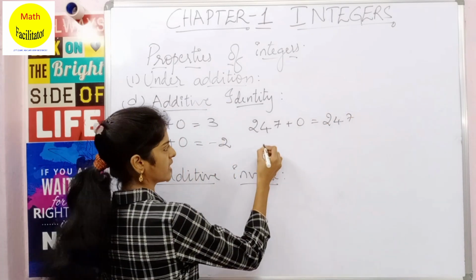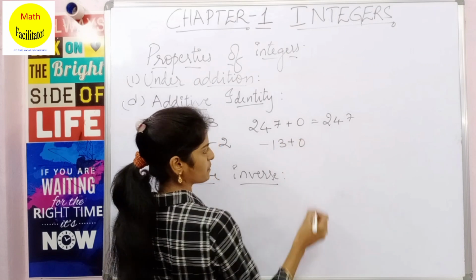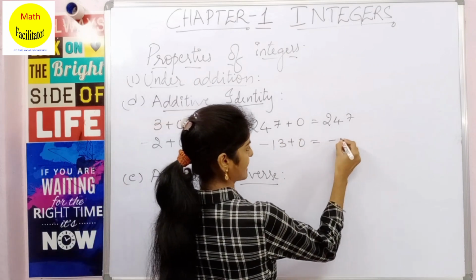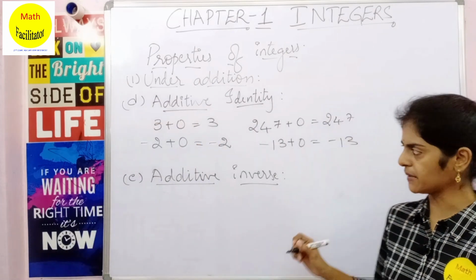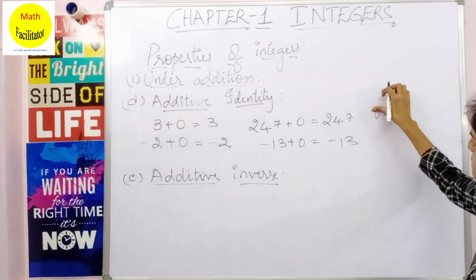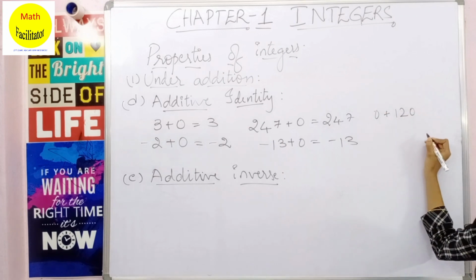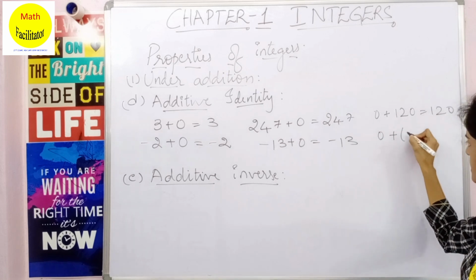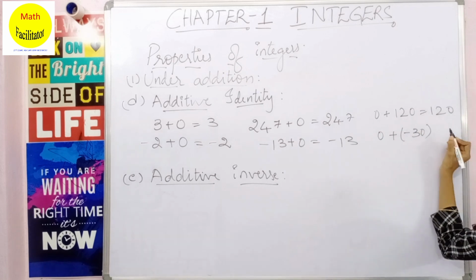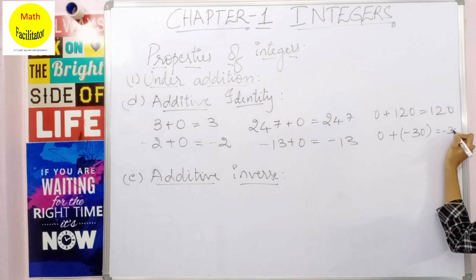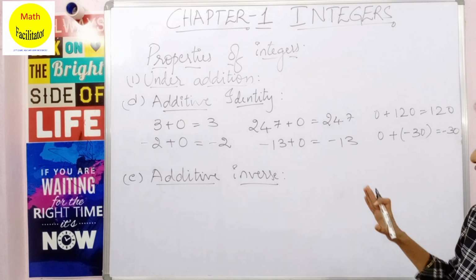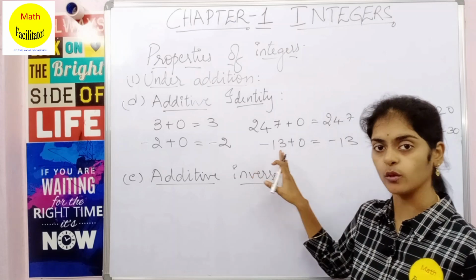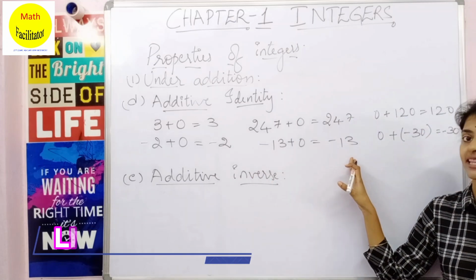Now what is -13 plus 0? It is nothing but -13. Now tell me what is 0 plus 120? It is nothing but 120. What is 0 plus -30? It is nothing but -30. That means if you add 0 to any number, what answer are you getting? You are getting the same number.